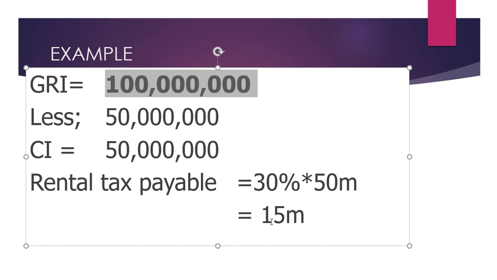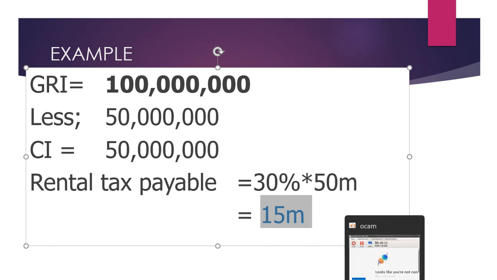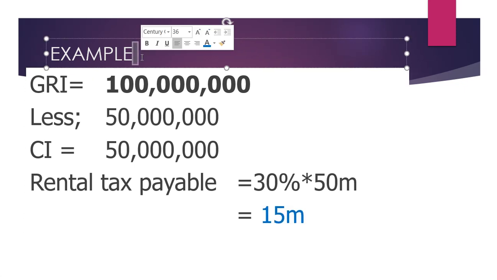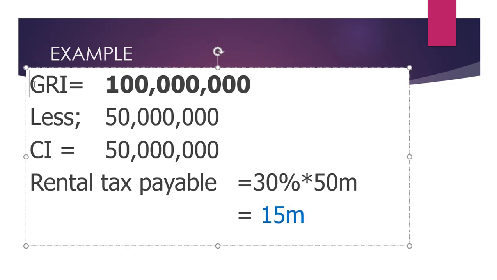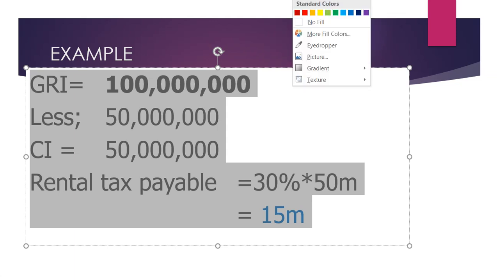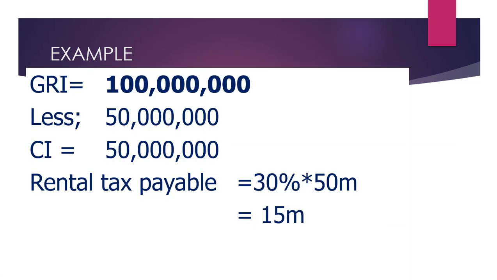This company will end up paying 15 million as the rental income tax. So that is how you compute if you have a company. If it is an individual, it becomes different.